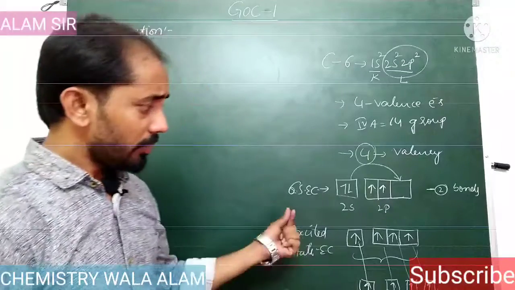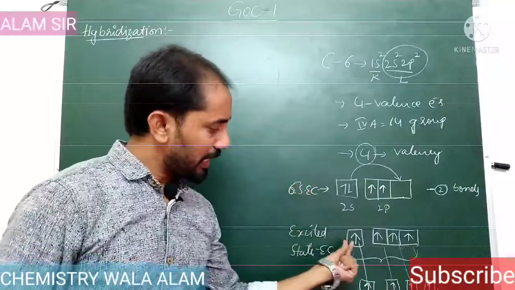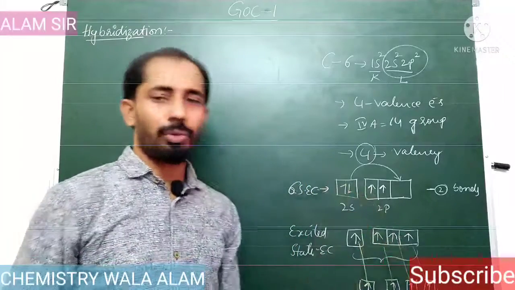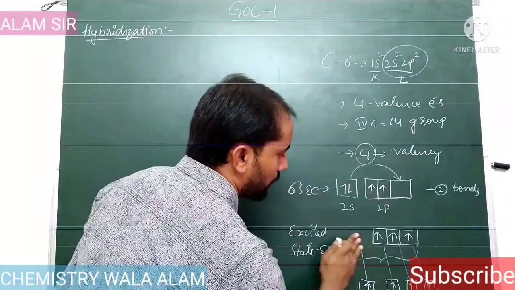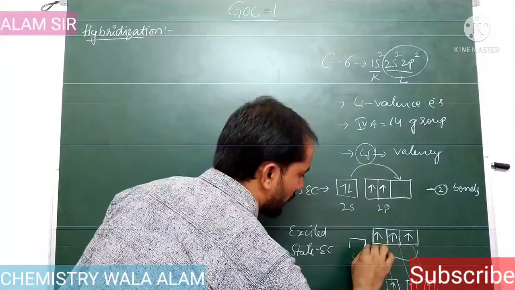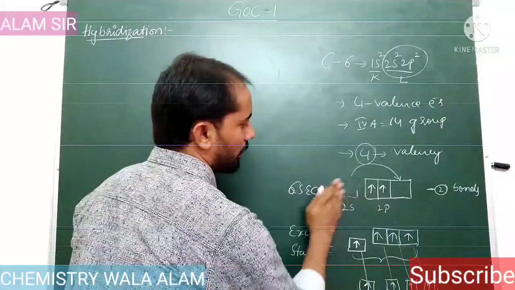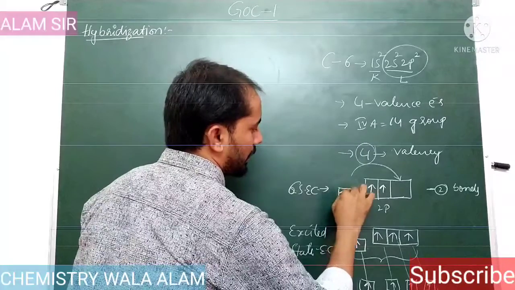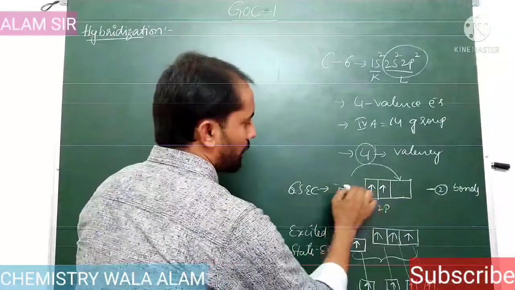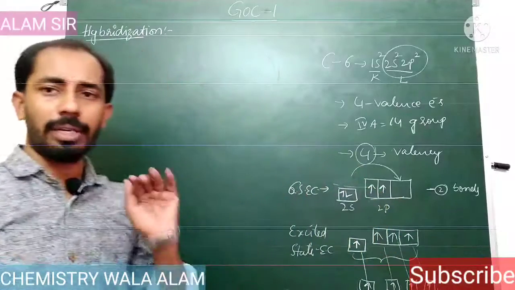If you observe clearly, the 2s orbital has somewhat lower energy than the 2p. That's why in the representation we write the 2s orbital somewhat downside. When compared with the p orbital, 2s is low energy.